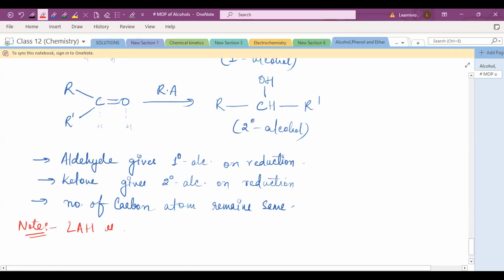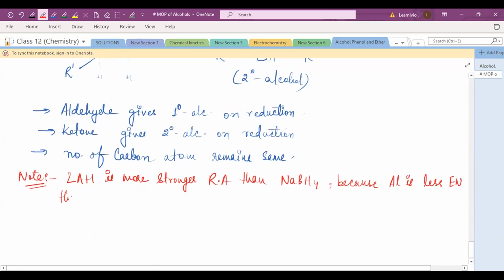LAH is a stronger reducing agent than NaBH4, sodium borohydride, right? Why? Because aluminium is less electronegative than boron.